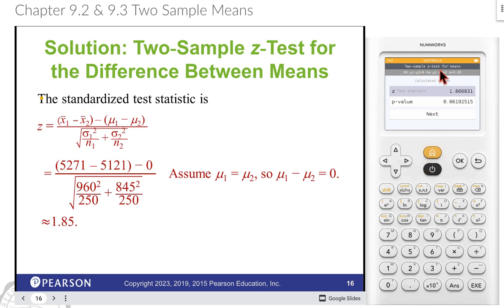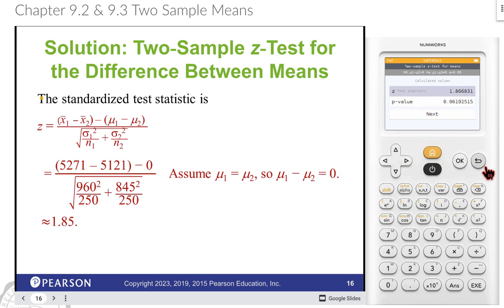Am I doing the right test? I'm doing a z-test. Should be 1.866, so maybe they have a rounding error, I would assume. But we're pretty close. I didn't look at that as closely as maybe I should have. So it looks like there's some sort of a rounding error, but these values should be the same.